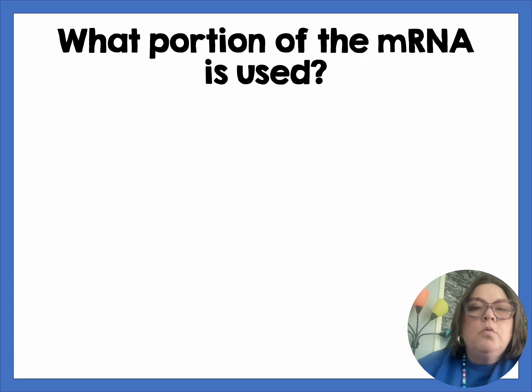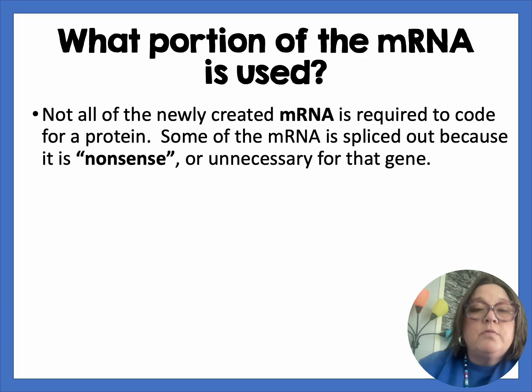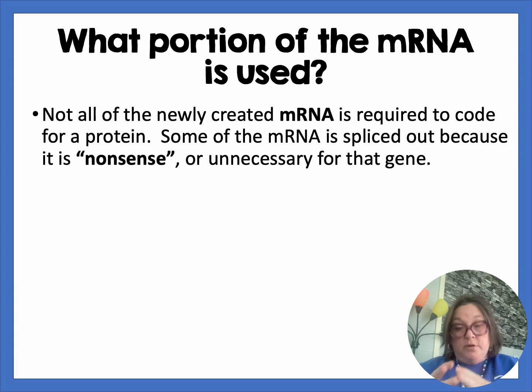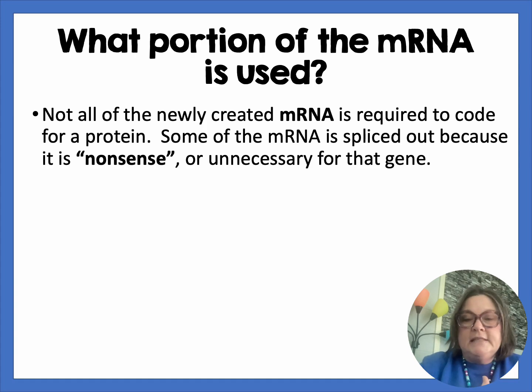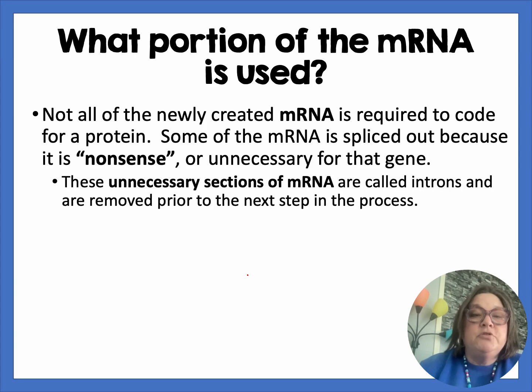Now, what portion of the mRNA is used? So your messenger ribonucleic acid. Not all of the newly created mRNA is required to code for a protein. So we're trying to make proteins. So it's your chains of amino acids that come together, right? Some of the mRNA is spliced out, so it's not deleted, it's just removed from the sequence because it is called nonsense, or it's basically not necessary for that gene.